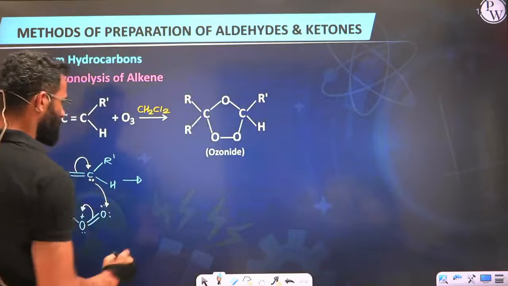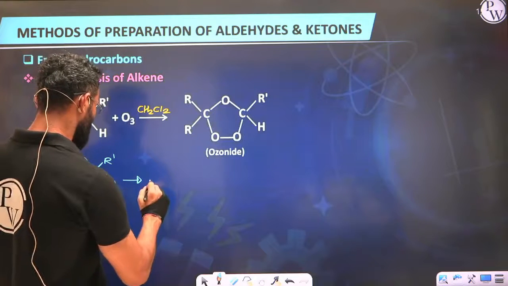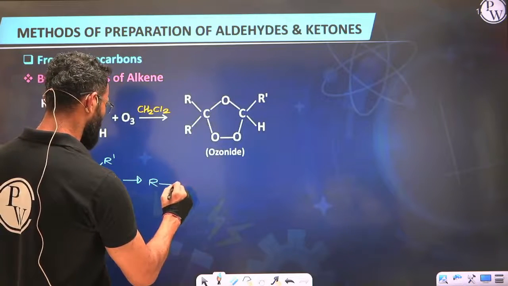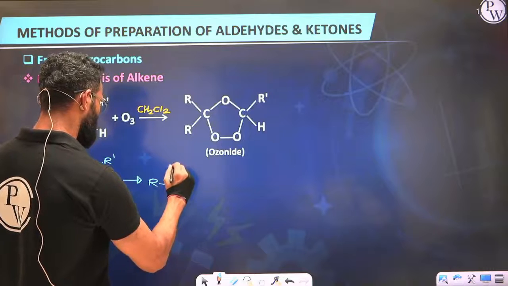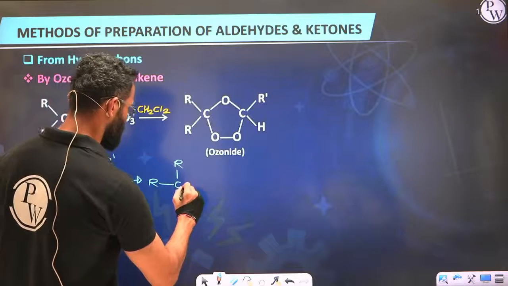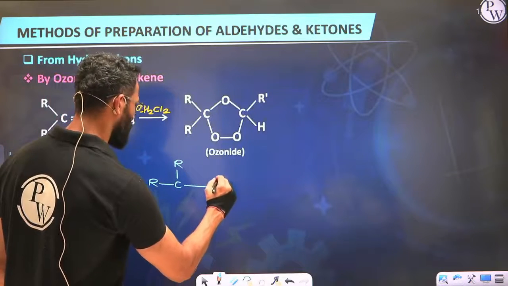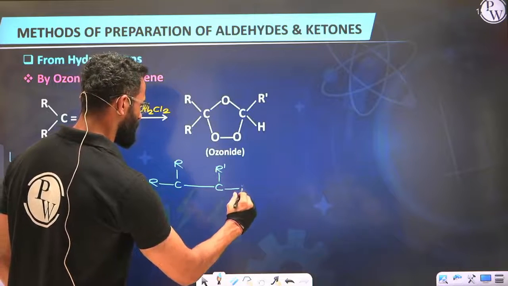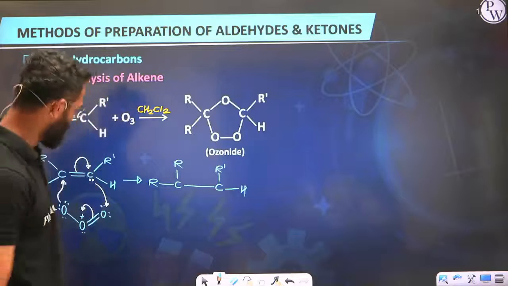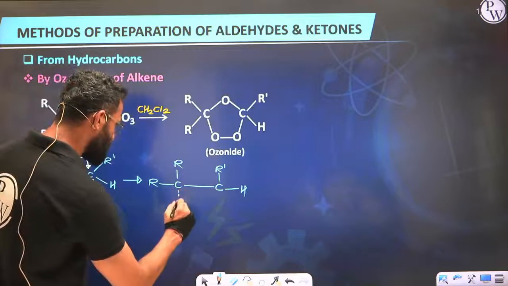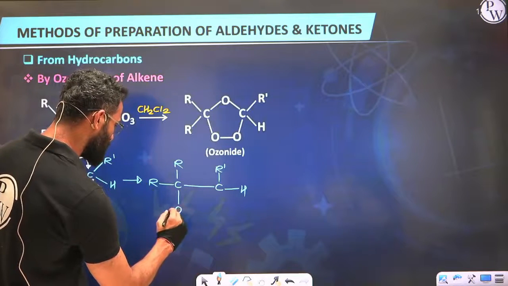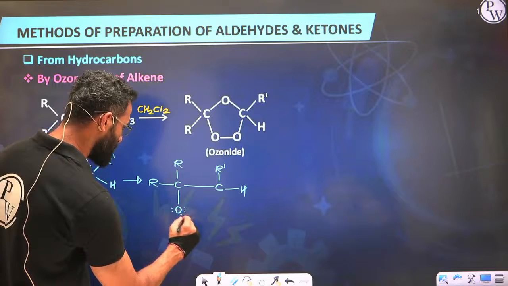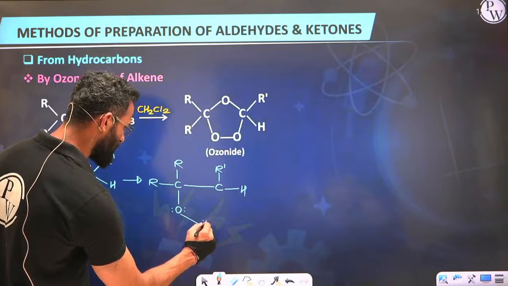Now we have RCR bonded to R dash and H, and the molozonide formation can be represented like this: O carrying 2 lone pairs, single bond, O again carrying 2 lone pairs.